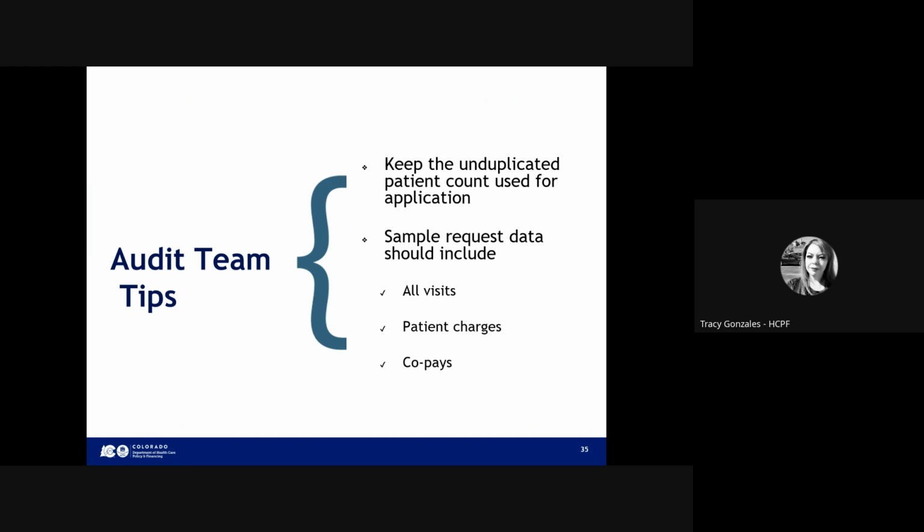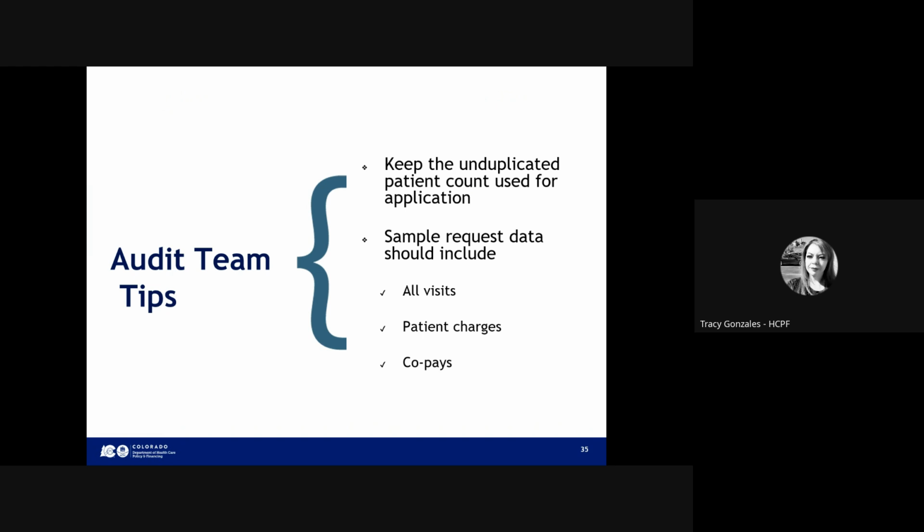A few of the audit team's tips are to keep your unduplicated patient count records, and I can't stress this enough. Keep the data you use to complete question 1 of the application. Create a folder on your desktop and throw it in there, or put it somewhere that it is easily accessible.